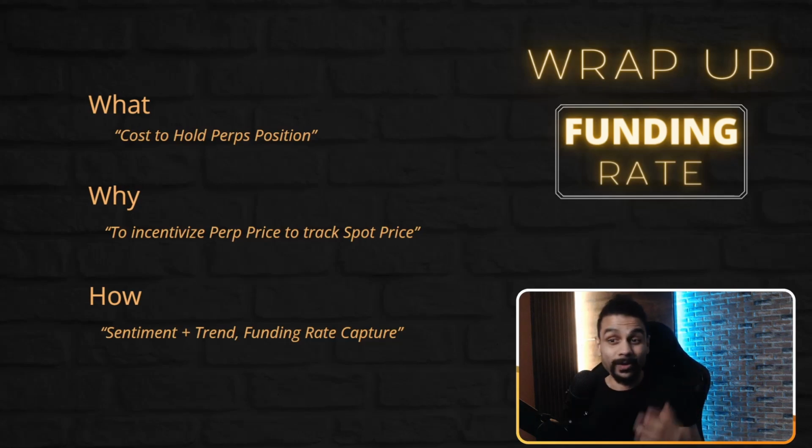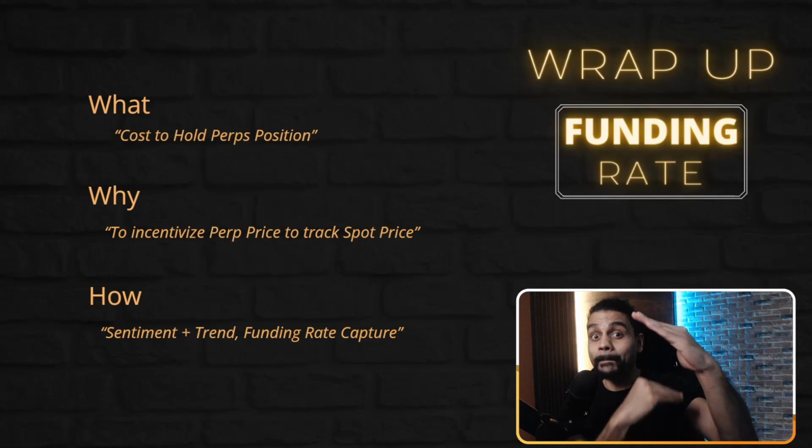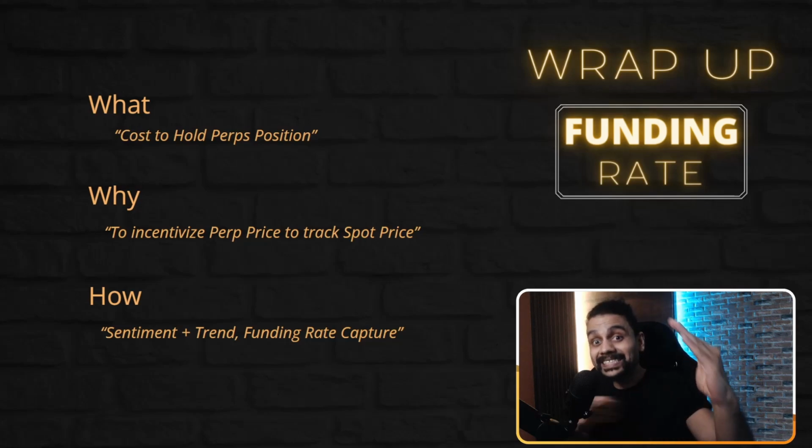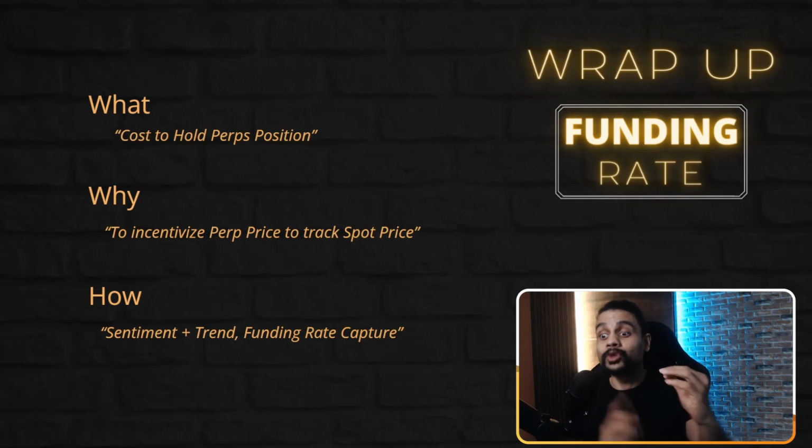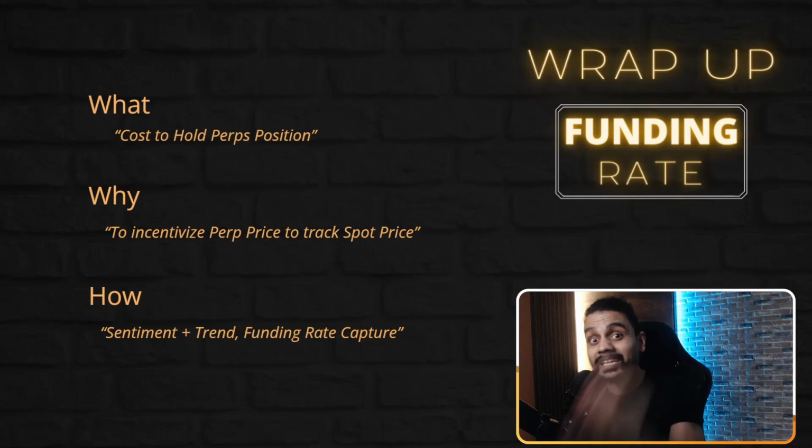In fact, when you now combine everything, you guys can now see how traders who come in to only capture the funding rate also take part in the funding rate incentive mechanism by simply taking a neutral position. So for example, if the perps start deviating above the price of the spot, the funding rate is going to increase for the longs. This is going to incentivize traders to come in and capture the funding rate trade, right?